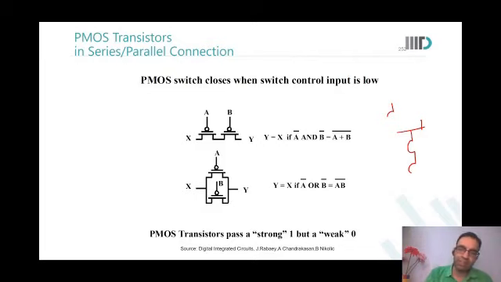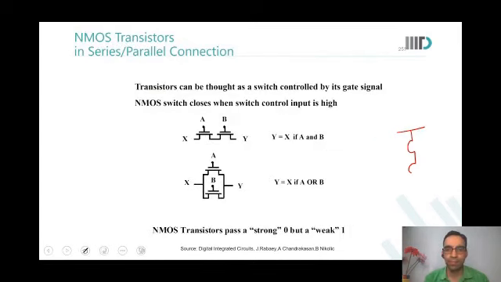If it is implemented in series in the NMOSs, it is implemented as parallel in the PMOSs, and vice versa. Something which is implemented as parallel in the NMOSs will be implemented as series in the PMOSs. This part is clear, friends? Yes, sir. Okay.